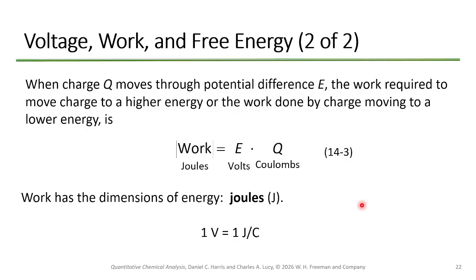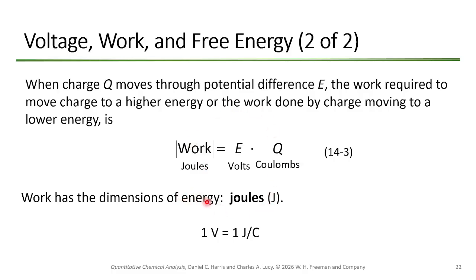So again, here's how these relate to each other. You may recognize this from Physics 2 if you've taken it. Also from a variety of different chemistry courses. It comes up fairly often. So when you charge, Q moves through the potential difference, E. Work required to move charge to a higher energy or work done by a charge moving to a lower energy is going to equal, so work is measured in energy, which is joules in this case, volts, which is E, times Q, which is coulombs.